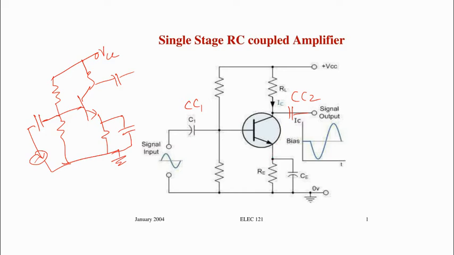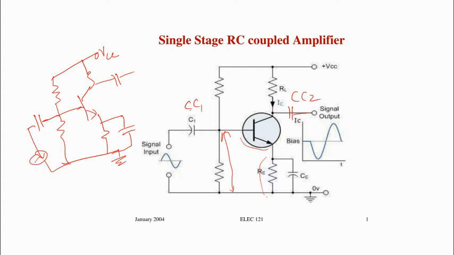If RE is there, the voltage VB equals VBE plus the voltage across RE. As IC increases, IE also increases, so the IE RE drop increases and VB decreases. VB decreasing means IB decreases, so IC decreases. Any increase in IC because of temperature rise is compensated by the decrease in IB. That's why we use RE.